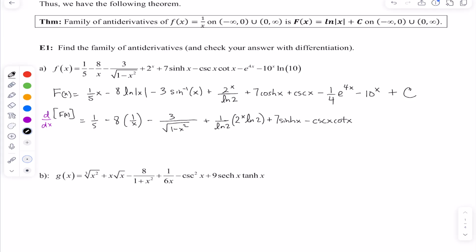This one here requires the chain rule. And we want to see if this matches our lowercase f of x.